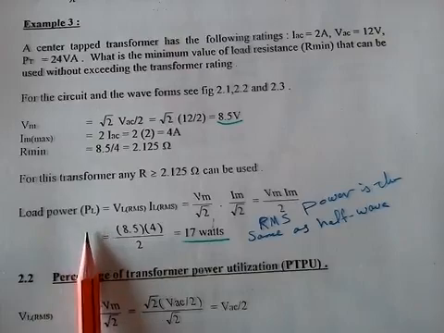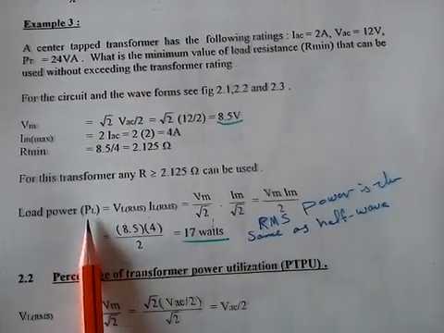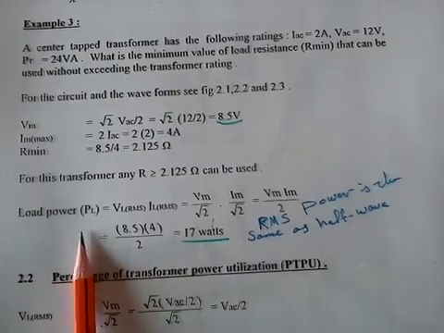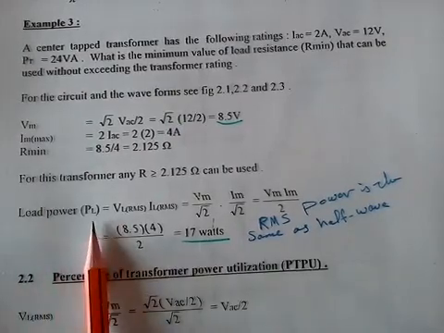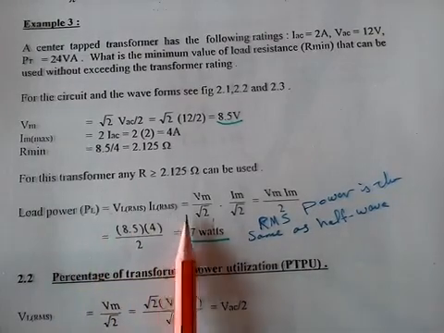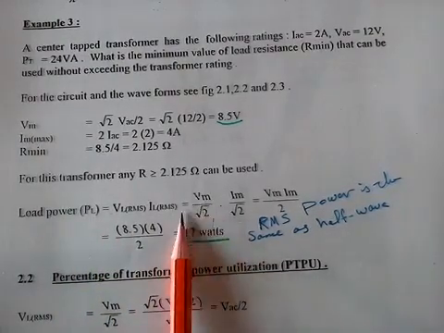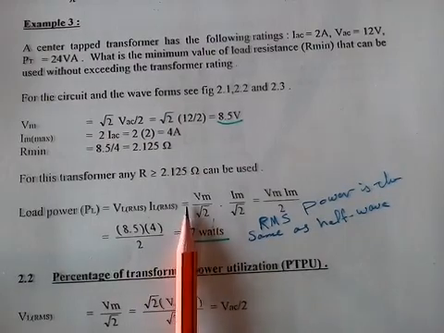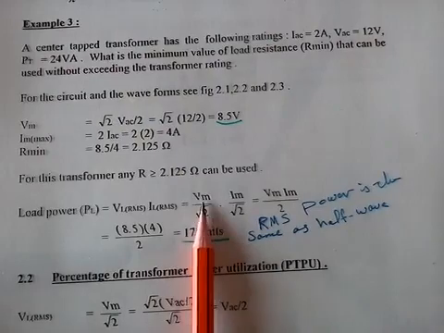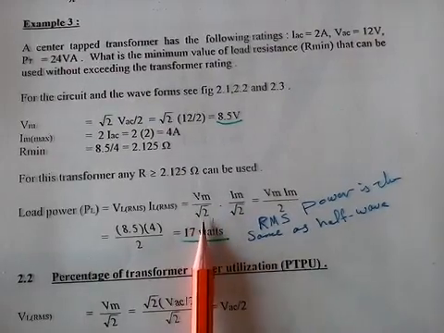The load power, now we need to calculate how much power is in the load, and that's in watts. And of course that has to be in RMS. For all rectified sine waves that we have in here, it's a standard. The load voltage in RMS equals Vm over root 2.